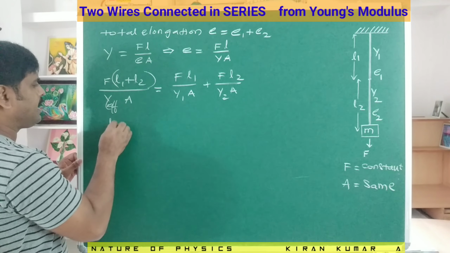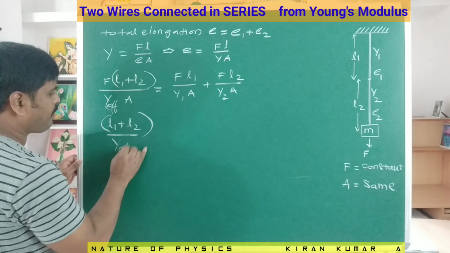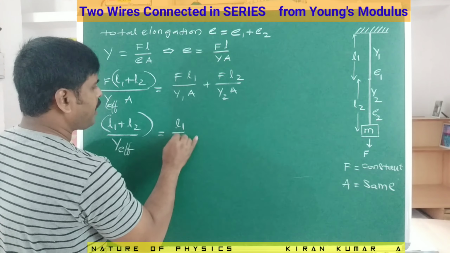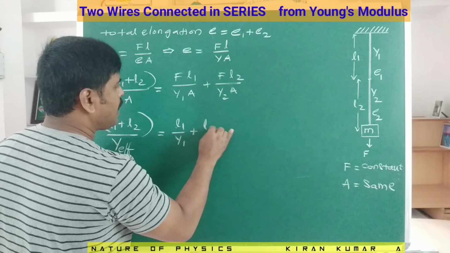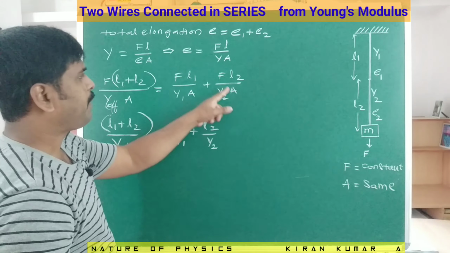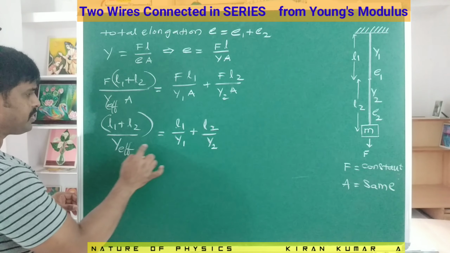So L1 plus L2 divided by Y effective is equal to L1 by Y1 plus L2 by Y2, since F by A is common and cancels. Then the resultant equation is this.